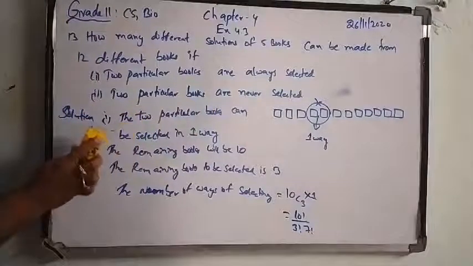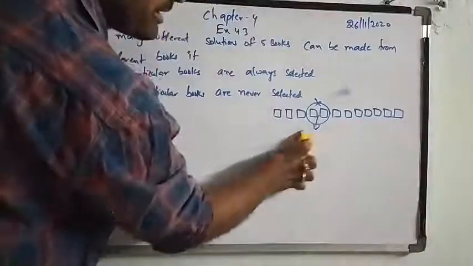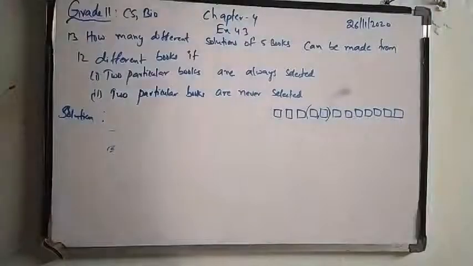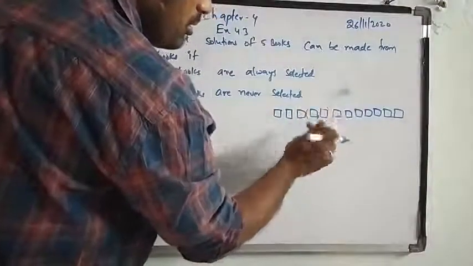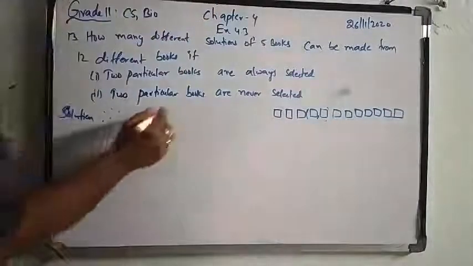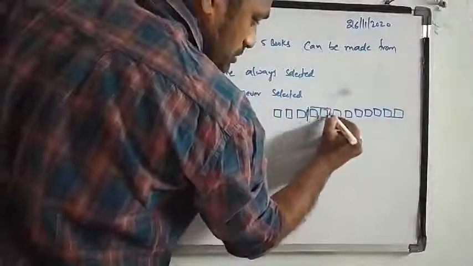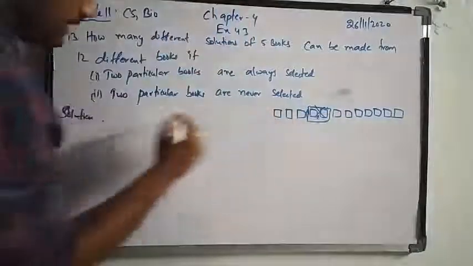Next, if you talk about the second subdivision, we are saying that 2 books we are not going to select. So 2 particular books are not at all there in our selection. So let us consider this case only. If these 2 particular books we are not at all going to select, these 2 books are deleted.